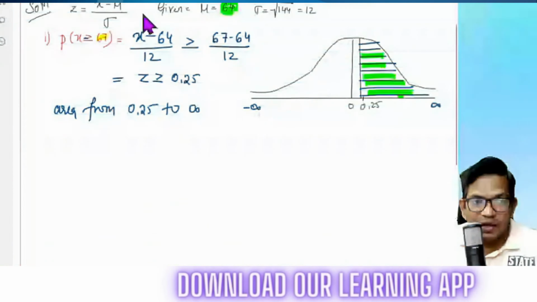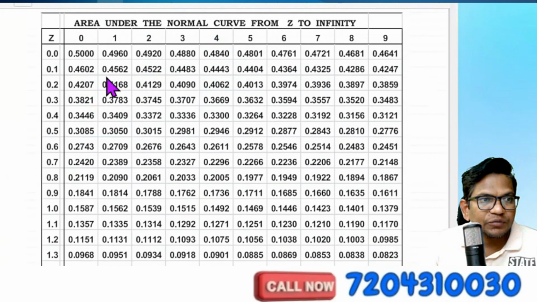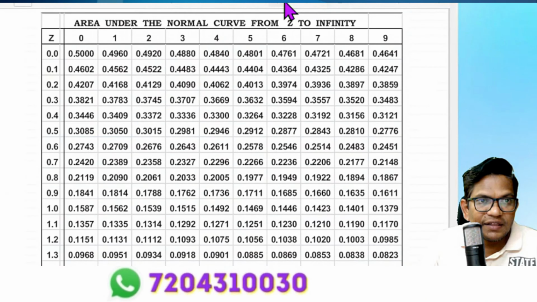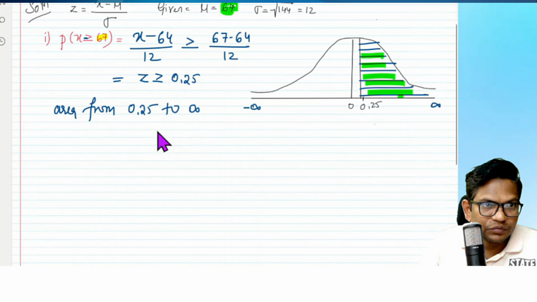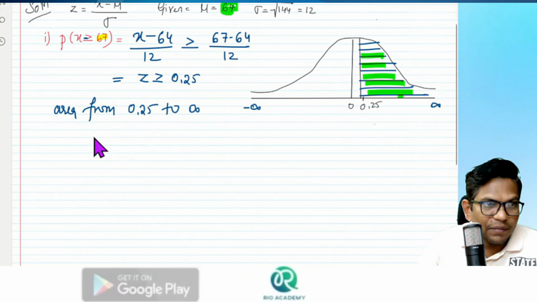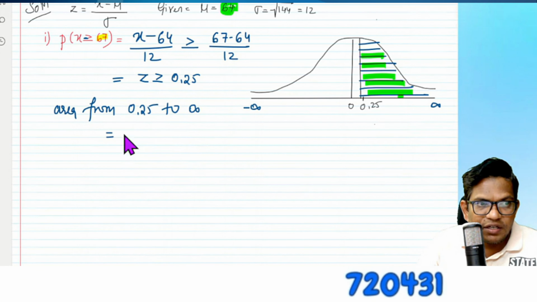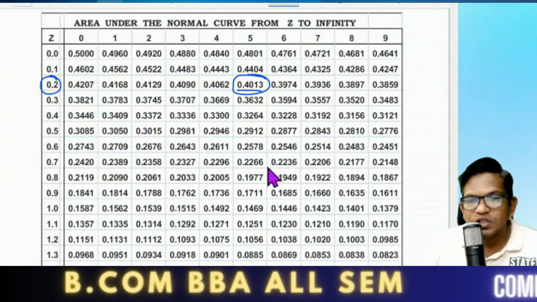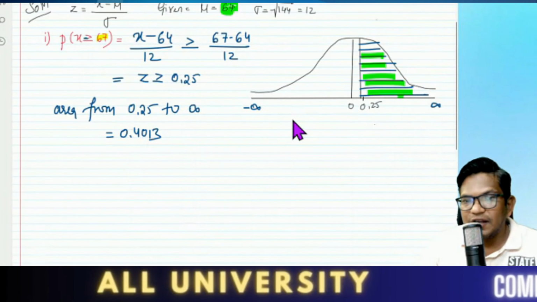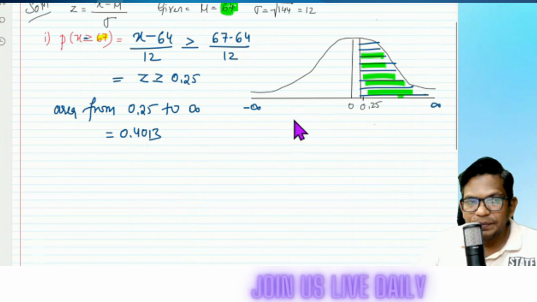Look at the table: 0.2 and 5. It comes here, 0.4013. Correct? Yes or no? 0.4013. Understood? Can you go for the next?